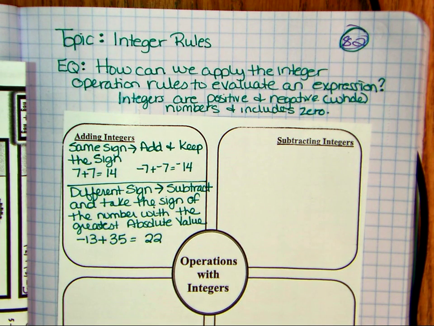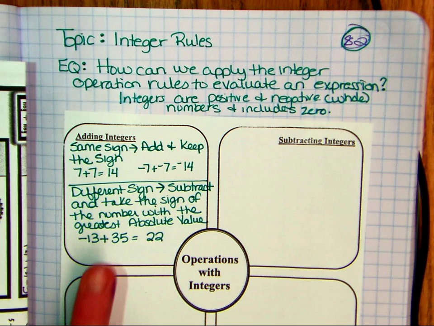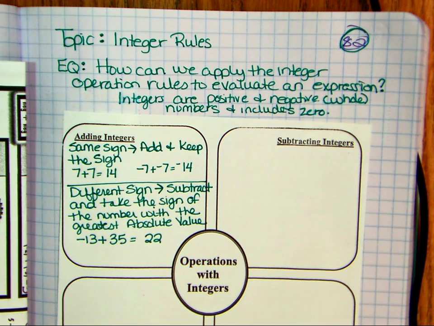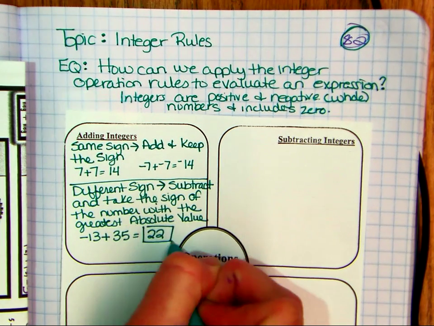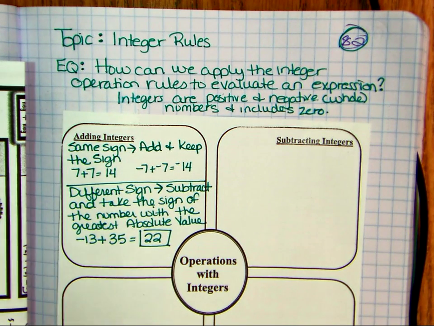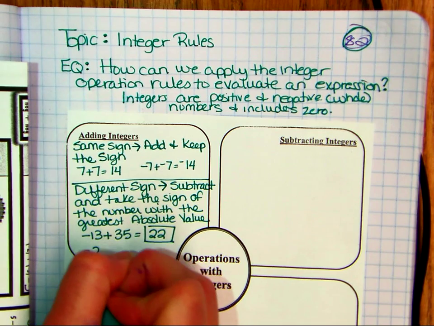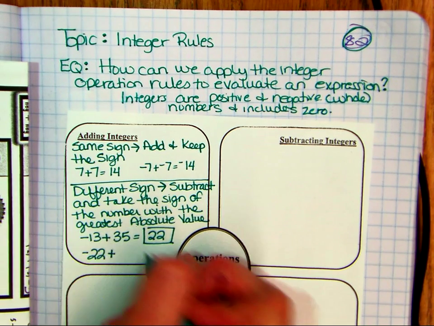Because the signs are different, so I don't know which one it's going to be. So then I look at these two numbers, and I decide, well, which one has the greatest absolute value? In this case, 35 is further from 0, so therefore it has the greatest absolute value, so my answer in that case is going to be positive.